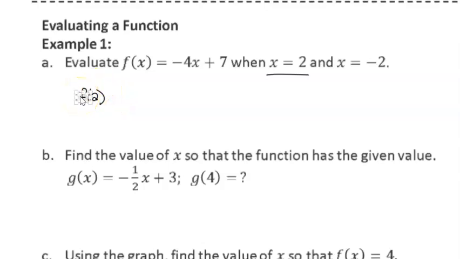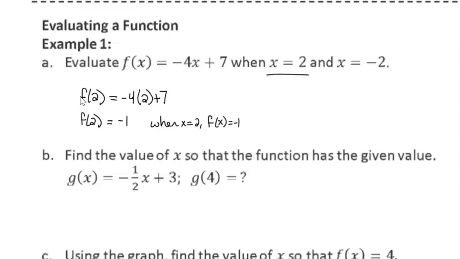F is just the name of the function. So that just tells me what I'm doing. And then I actually input it. I plug it in. And so if I do the math on that, negative 4 times 2 plus 7 is negative 1. So literally what this means is when x equals 2, f of x equals negative 1.